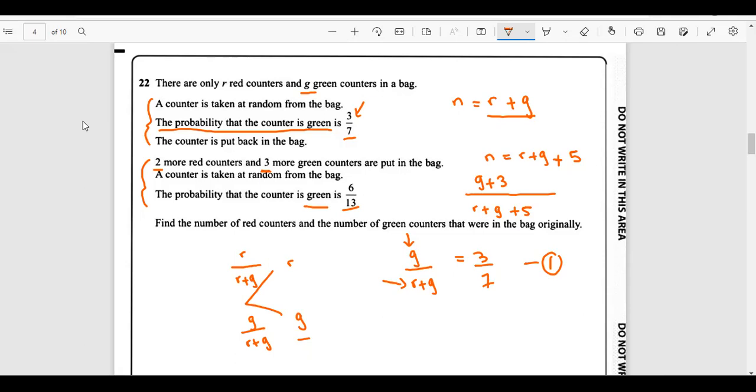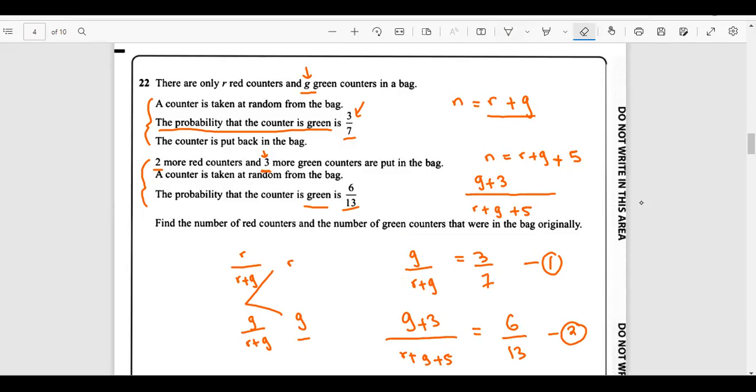For green, in the numerator we have the number of green counters. Initially we had G green counters, and when we added 3 more, this becomes G plus 3. So it would be G plus 3 divided by R plus G plus 5, and the numerical value is 6 by 13. This is the second equation.